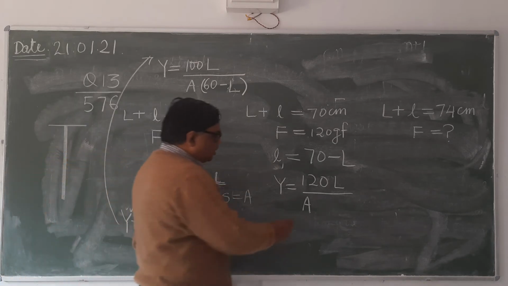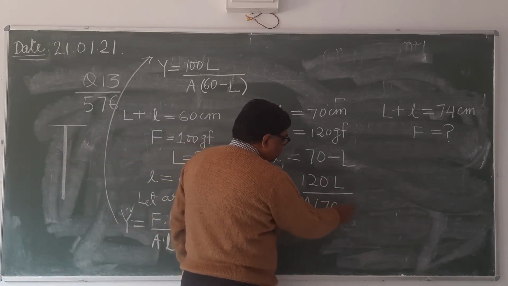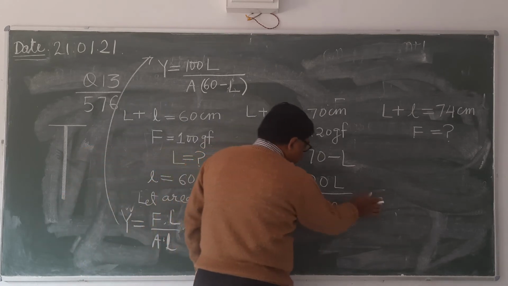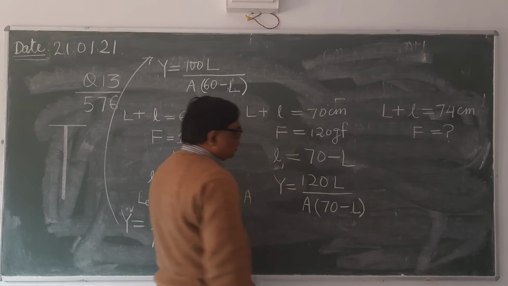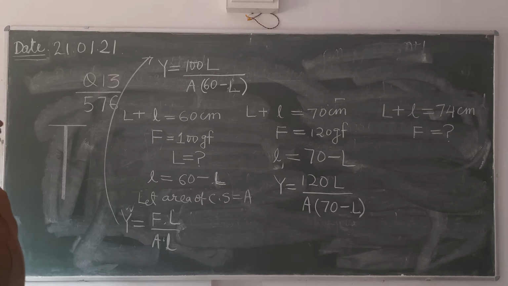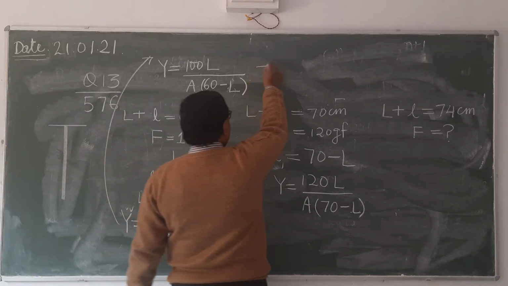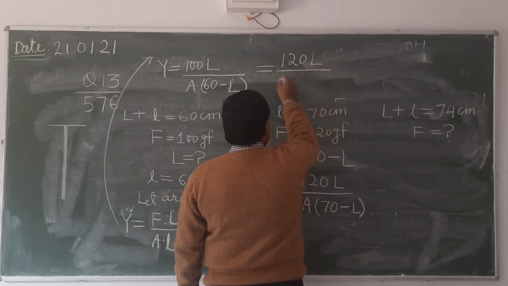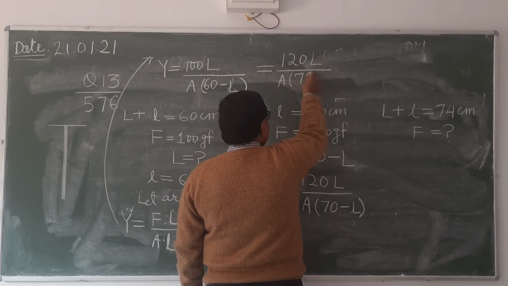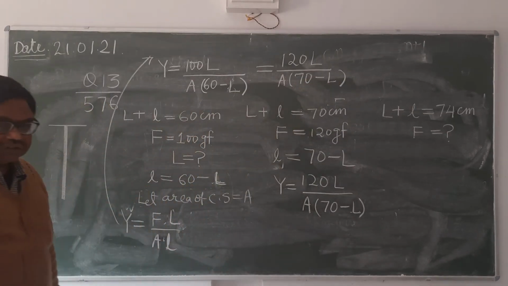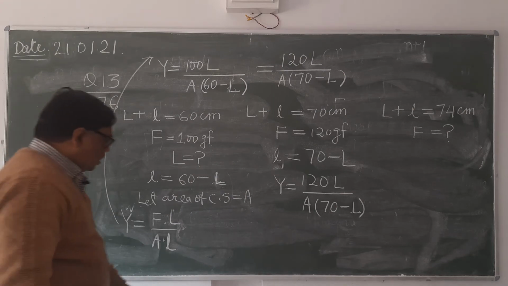It is 70 minus capital L. Now see here, values of Y from both the places will be same. Means it will be 120 capital L upon A into 70 minus capital L. Now you simplify this. When you will simplify, so you will get the original length.